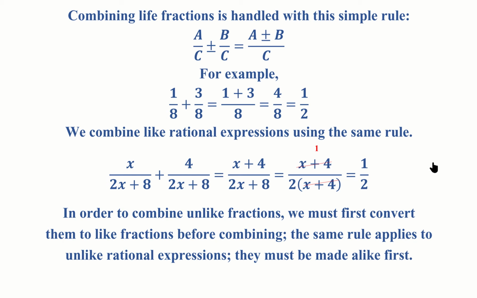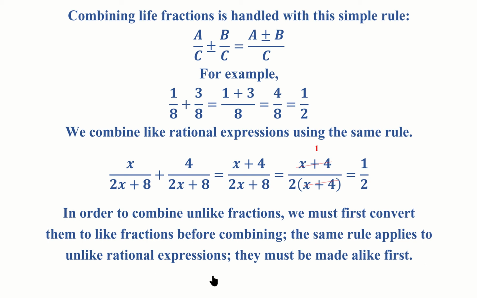So in order to combine unlike fractions, of course, we must first convert them to like fractions before we can combine them. The same rule applies to unlike rational expressions as well.